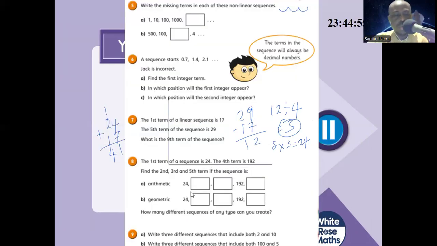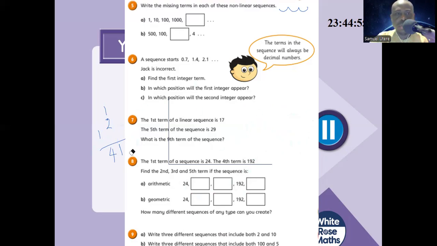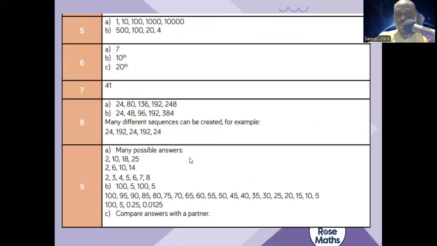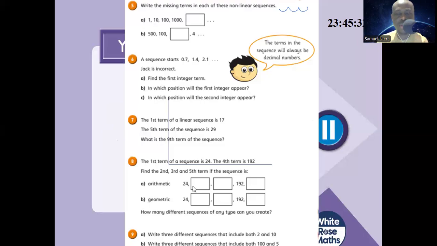Okay, this one, question 8. The arithmetic sequence, you should know how to do that by now. I don't want to repeat that because I've shown several examples of how to do that. For example, this one, you just need to do the difference. Let me rub this off. For the first one, you just need to do 192 minus 24.